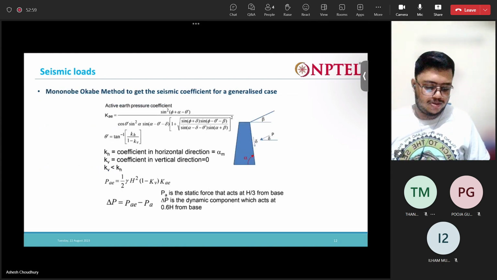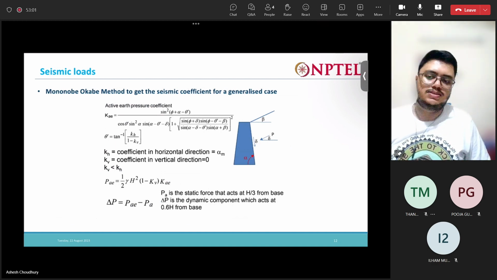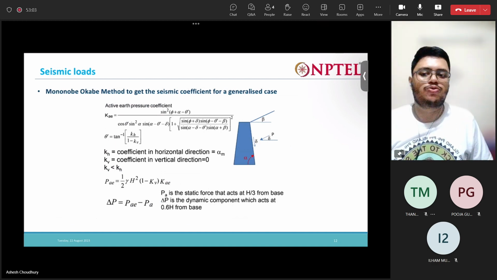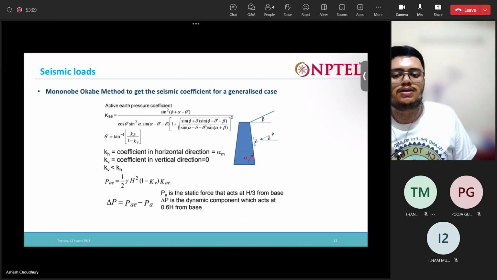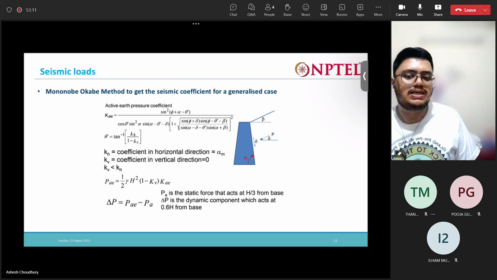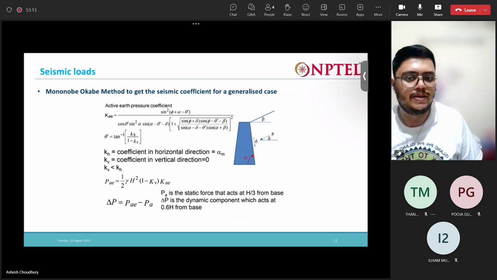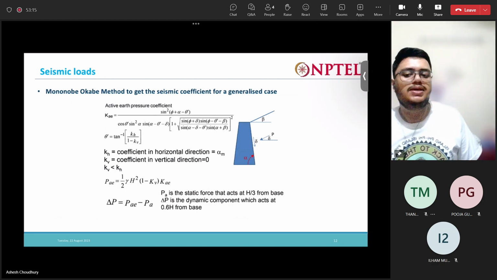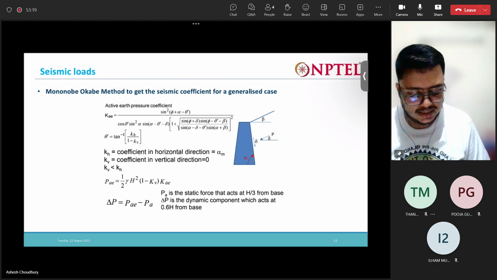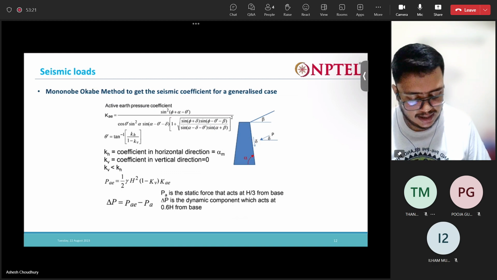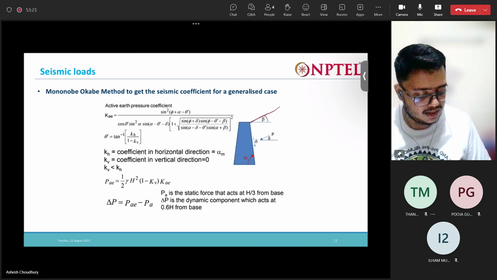Okay, this Mononobe Okabe method is nothing but a generalized method given by Mononobe and Okabe to determine the seismic load that comes into play in case of any retaining wall. So here we consider a retaining wall having some angle alpha and generalized backfill soil inclined at beta.